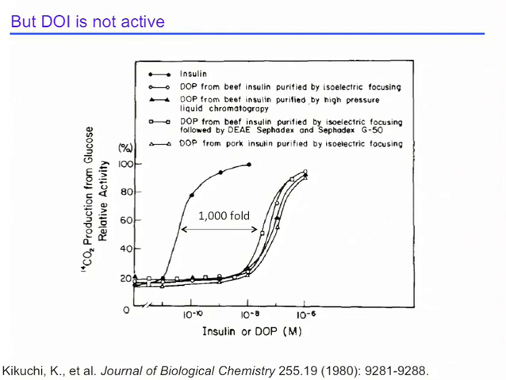This is because in the old days, column chromatography technologies were not as good, and they had a hard time purifying DOI from human insulin, so the residual insulin gave them enough activity. In this paper, they used many different methods to purify it, and they proved there's at least 3 orders of magnitude difference in activity.